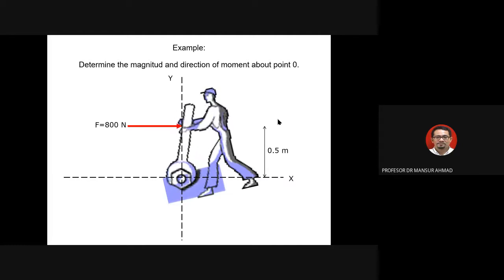Okay. So in other words, if you have negative moment in this class, it means you tighten up the bolt. If you have a positive moment, meaning that you are loosening up the bolt. So negative moment maksudnya you ketatkan bolt ataupun skru. If you have positive moment, you melonggarkan bolt atau melonggarkan skru.